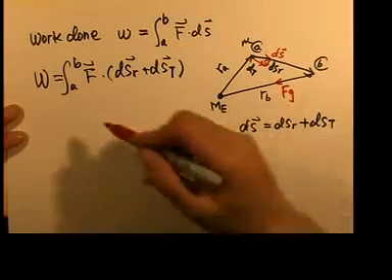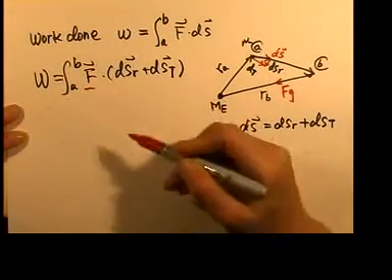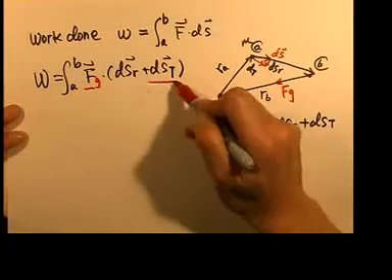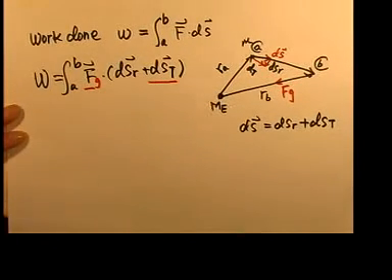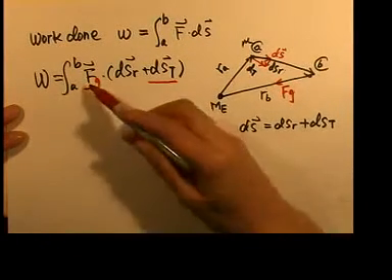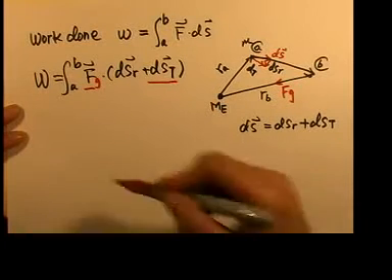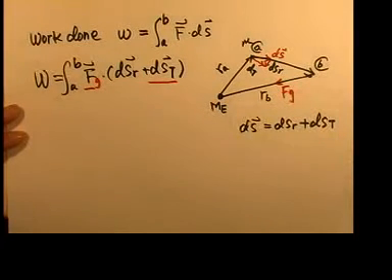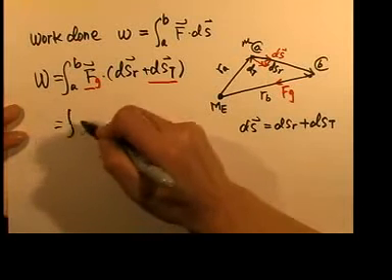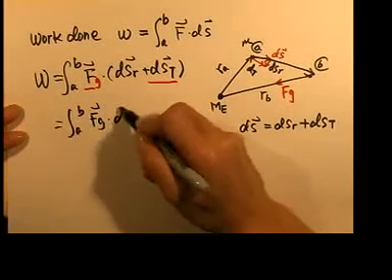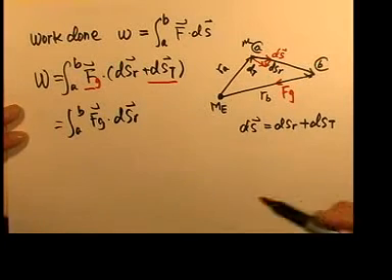So when we have gravitational force F dot ds_tangential, that will come out 0 because the angle between gravitational force and tangential direction is 90 degrees. A dot B, if A and B have a 90 degree angle, equals 0. So the result will have only this gravitational force F_G dot ds_r left.